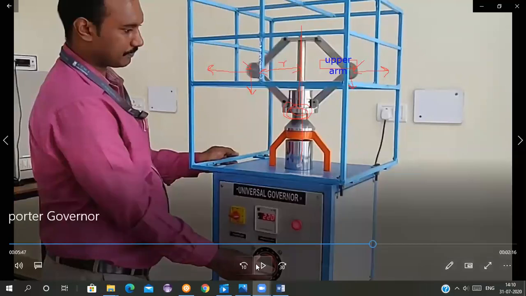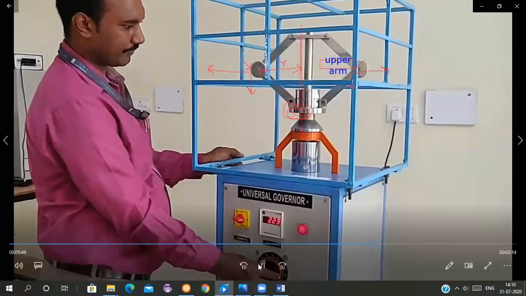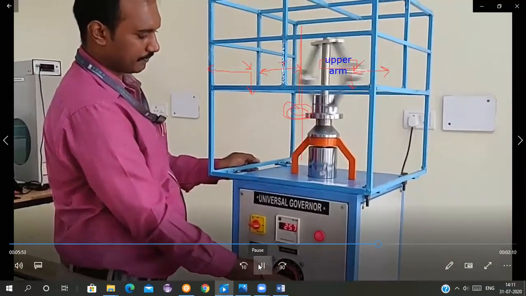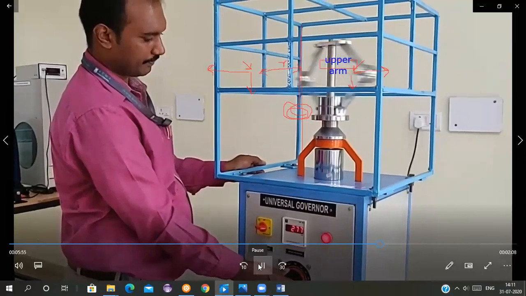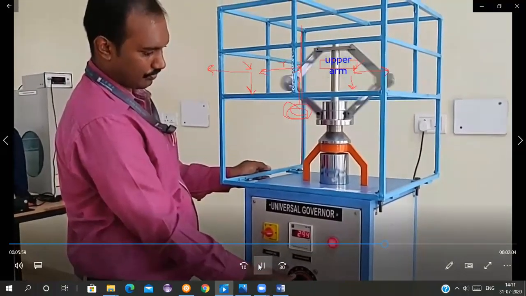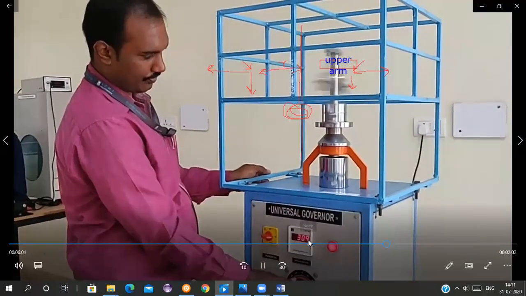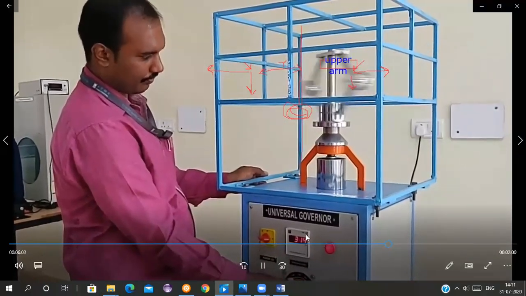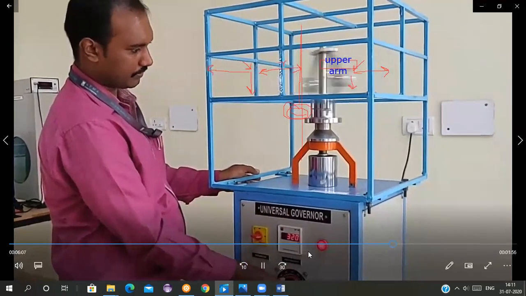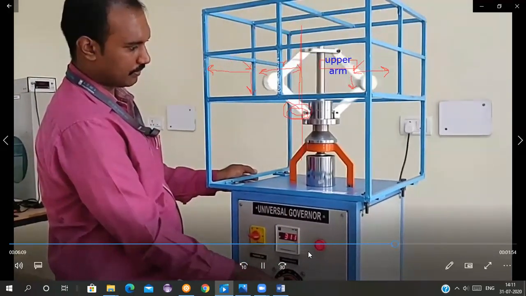I will just show you the working. Because it is rotating, the fly balls have some mass, about 0.5 kg or 0.7 kg. The speed is controlled from here. It is about 300 rpm now. At 300 rpm or 315 rpm, it is getting lifted up.